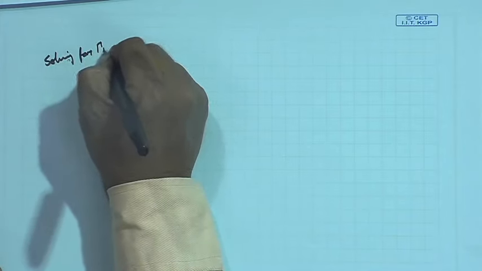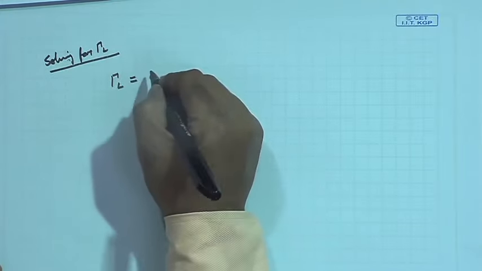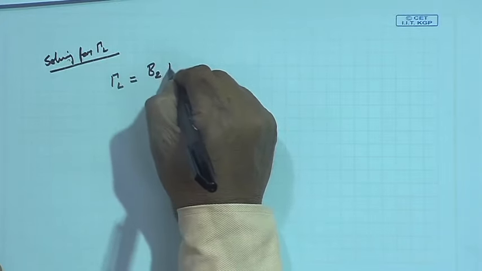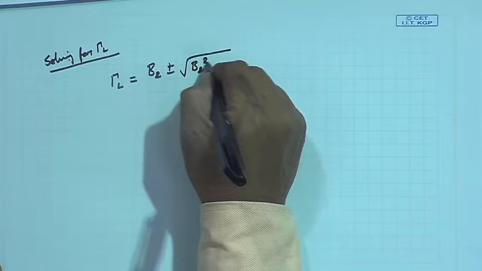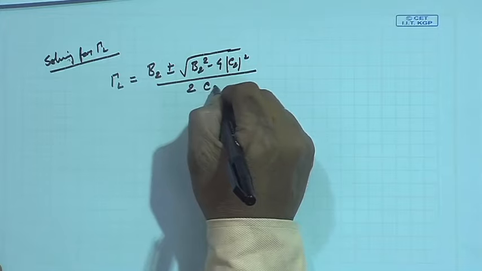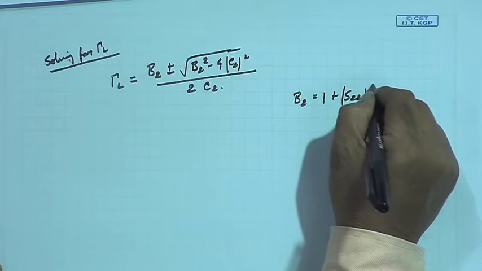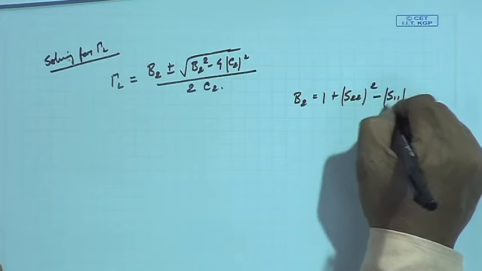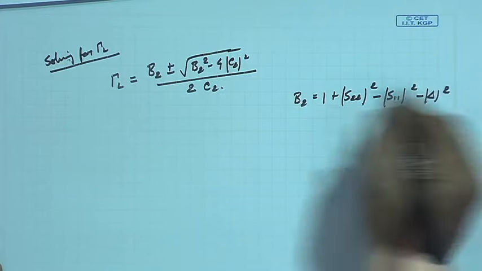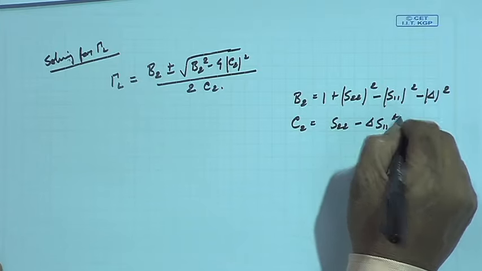Similarly, if I solve for gamma L, we get another quadratic equation, and that solution, we call it B2 plus minus root over B2 square minus 4 C2 square by 2 C2, where B2 is given by 1 plus S22 square minus S11 square minus delta square, and C2 is S22 minus delta S11 star.